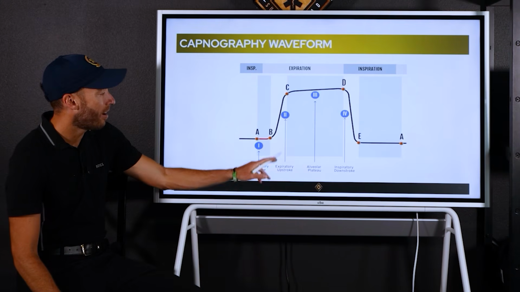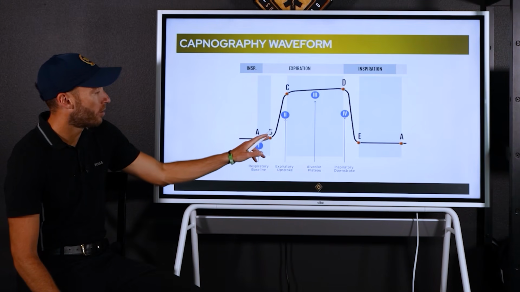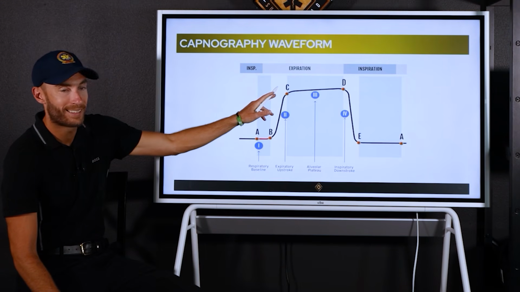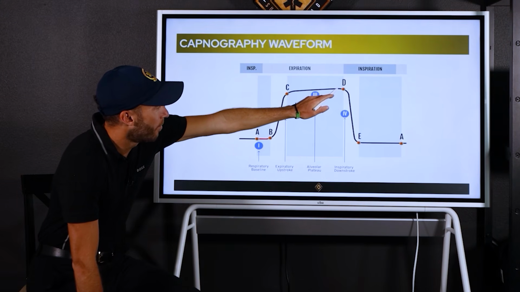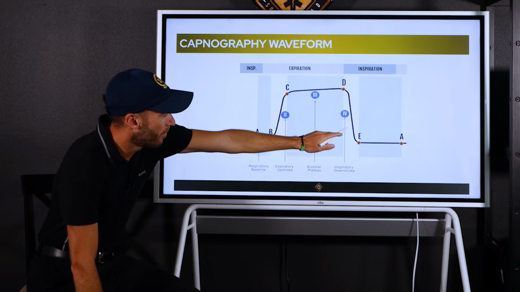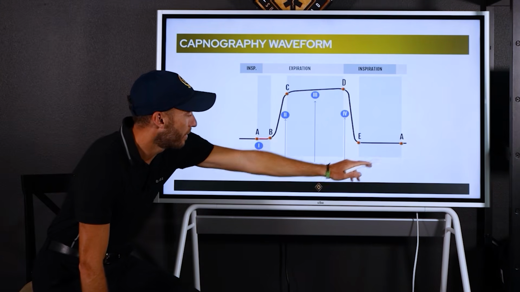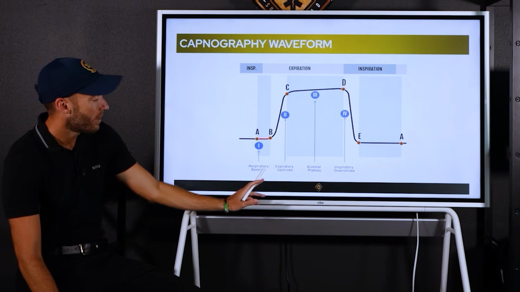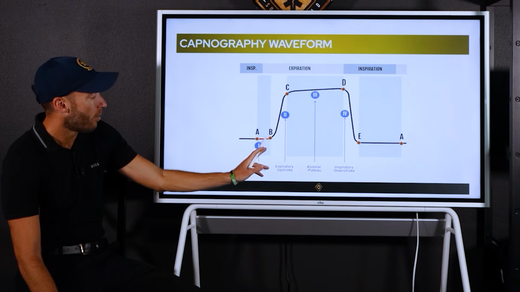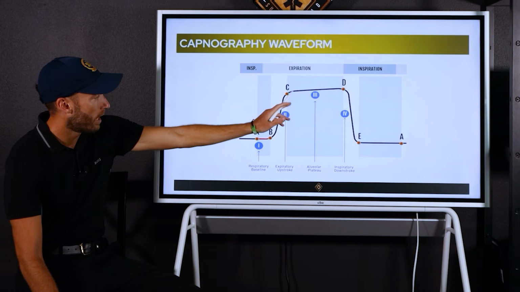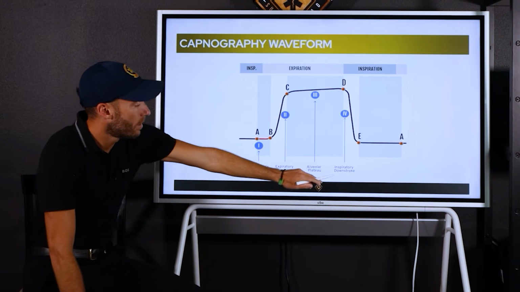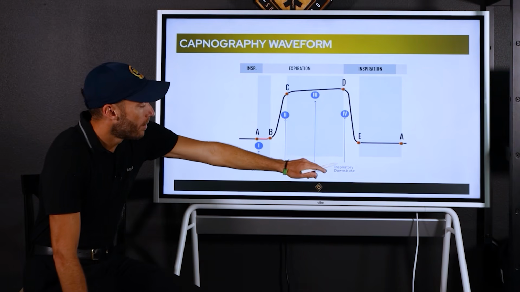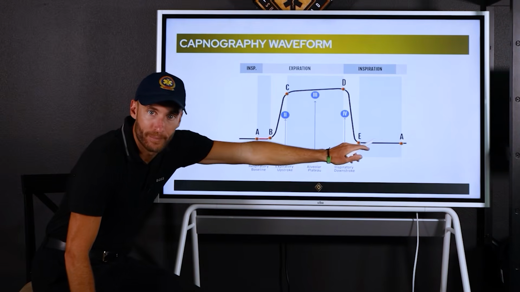So as I exhale, what's going to happen? I'm going to see my end tidal rise till I gain the tip top of my expiration, and I start to inspire and come down, and I go back to baseline. So we can see here, the baseline, I upstroke as I breathe out, the plateau, we get a number based on where we're at, and then I'm going to breathe in, and baseline.